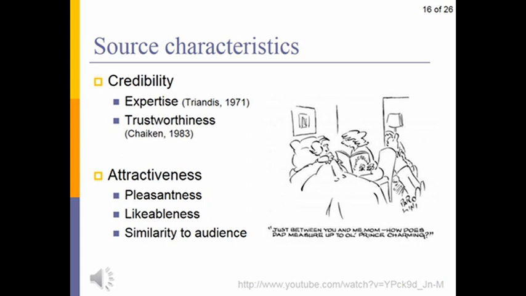And these qualities, his expertise and his trustworthiness, are both linked to a quality in sources that we call credibility. The more expert a source is, the more trustworthy it is seen to be, the more credible it is as a source and the more persuasive it is.